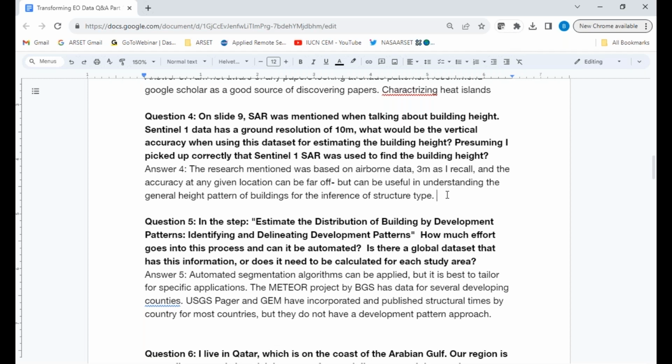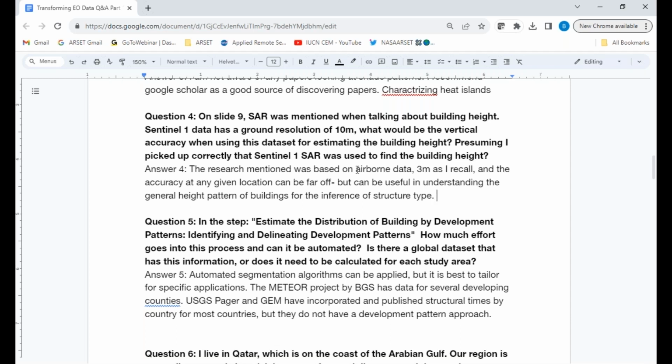Sentinel-1 was not used on that slide. That slide was actually just an illustration of the types of things that you can use EO for. That specific study was from quite a while ago and actually used airborne SAR data. I think that the resolution was about 3 meters.